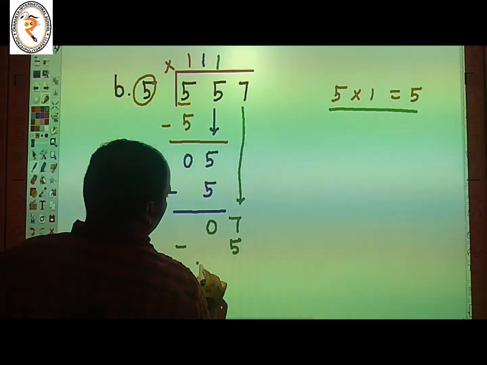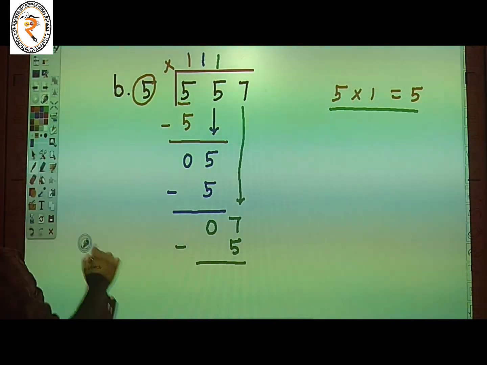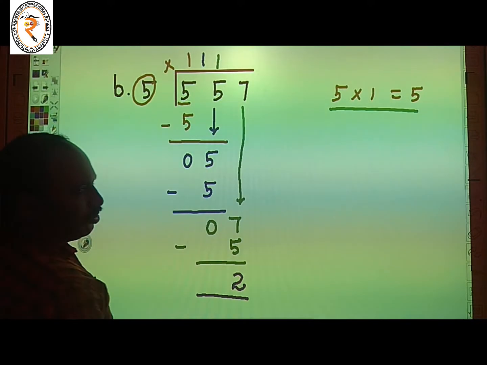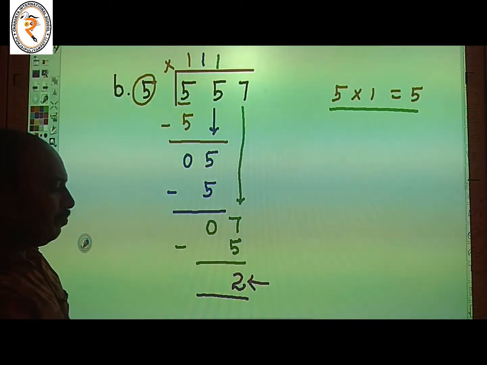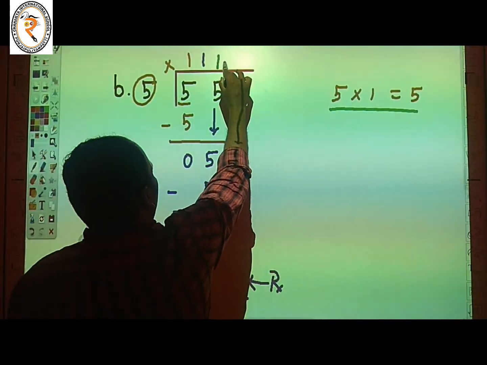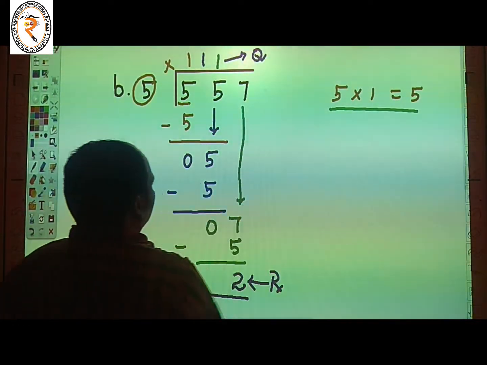Next you want to subtract: 7 minus 5 is equal to 2. The number 2 is called the remainder, and 111 is called the quotient.